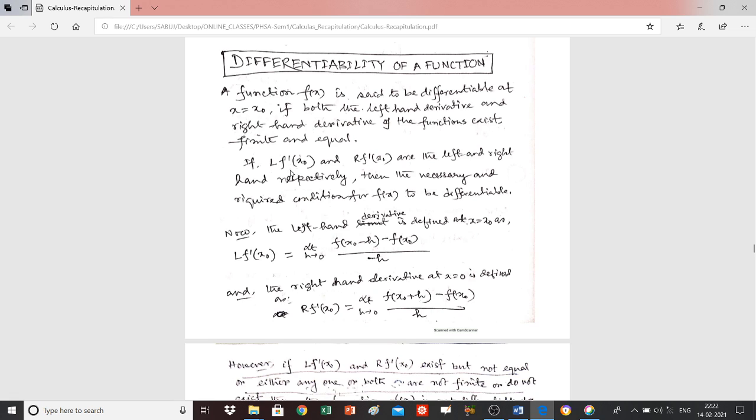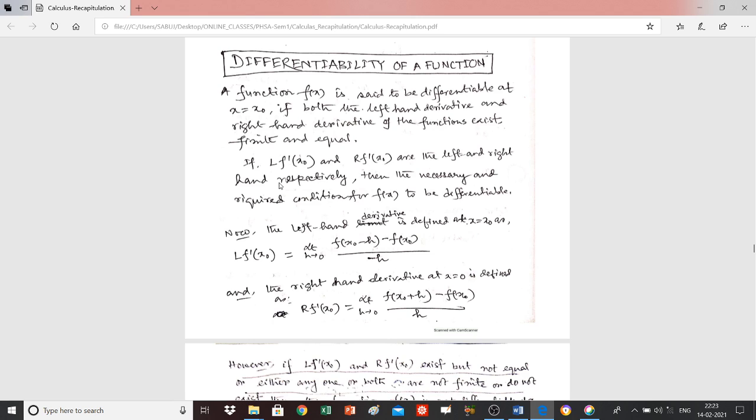So now I am denoting the left hand derivative at the point x0 as L f prime x0, and the right hand derivative as R f prime x0 respectively.